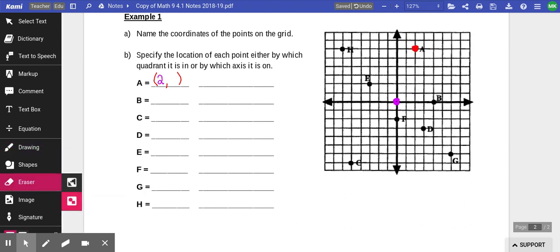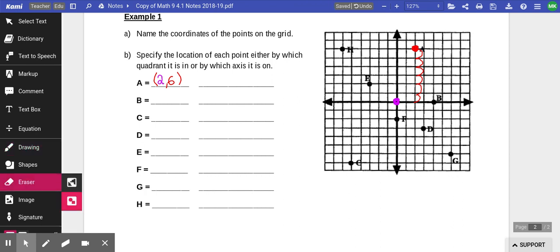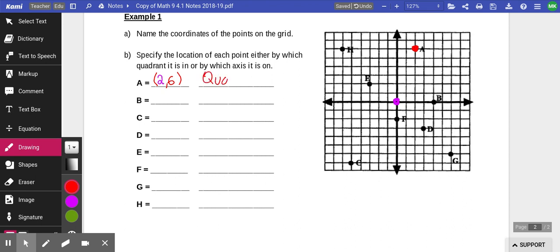The Y value is how many up it's gone: 1, 2, 3, 4, 5, 6. It's gone 6 units up. And it is in quadrant 1, and we write an I for quadrant 1. We're using Roman numerals. I don't know why we use Roman numerals. That's just the way quadrants are.